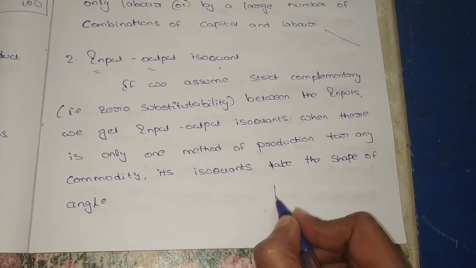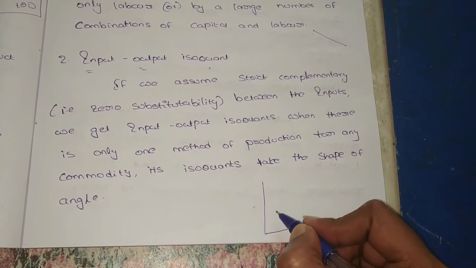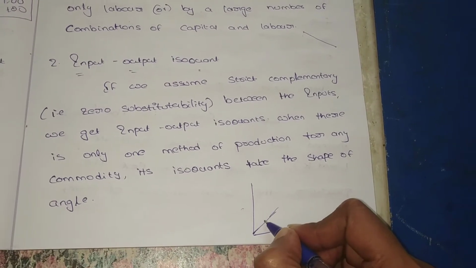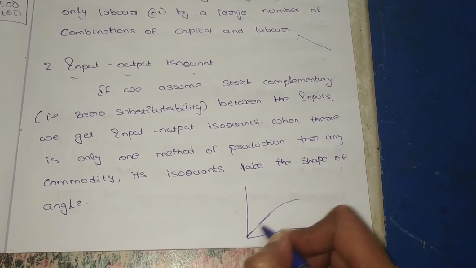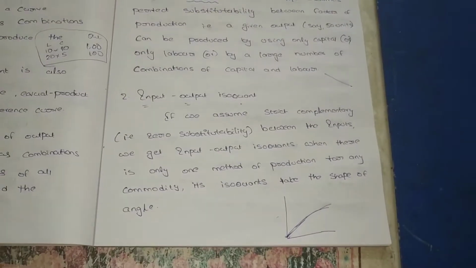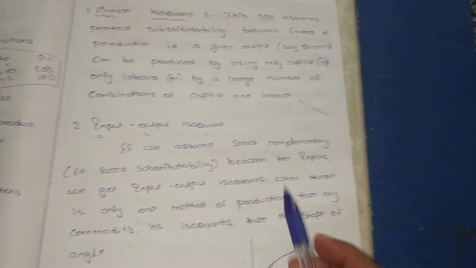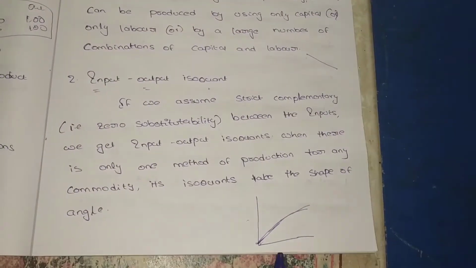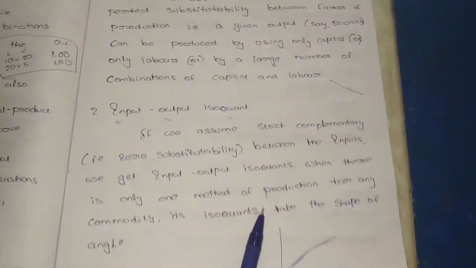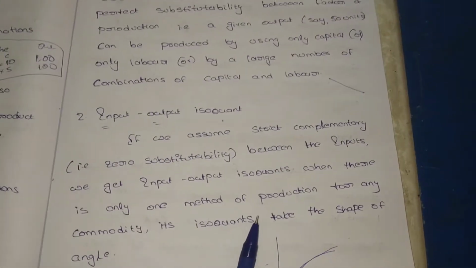We know that an angle means something like that, maybe 80 degrees, 140 degrees or 180 degrees. It should come like this angle, not linear. In complementary goods it should be like this. The input-output isoquant occurs when there are complementary goods.